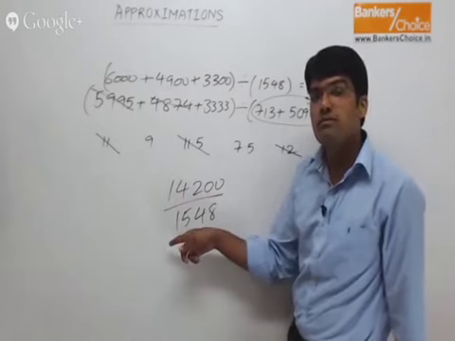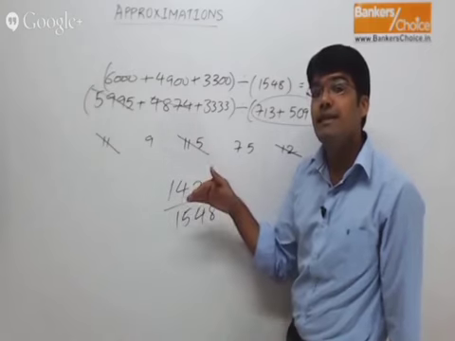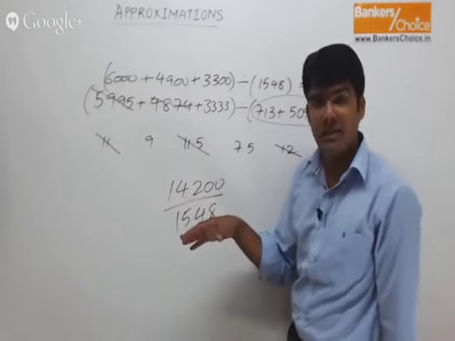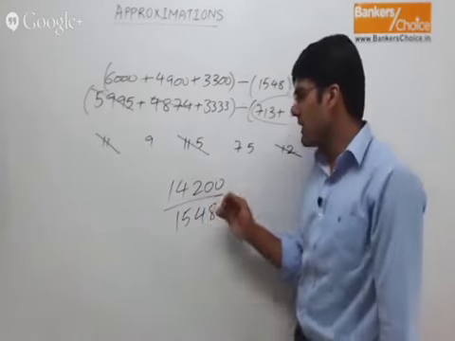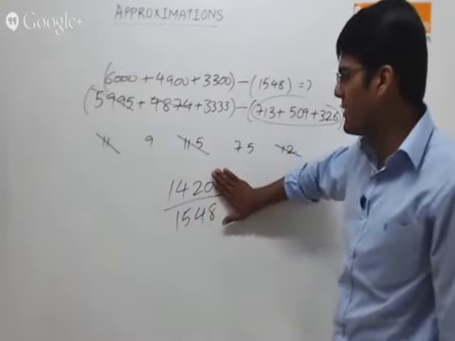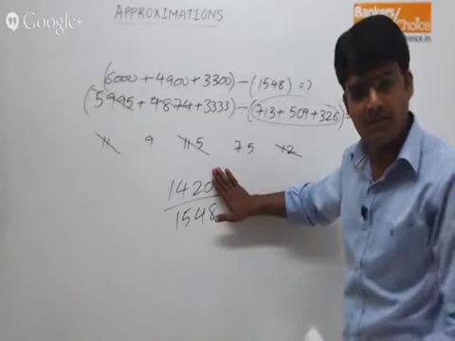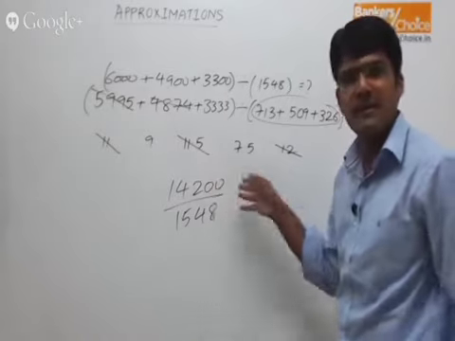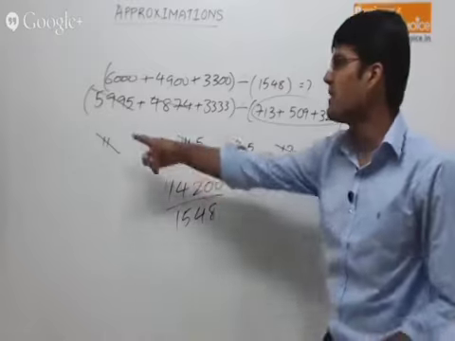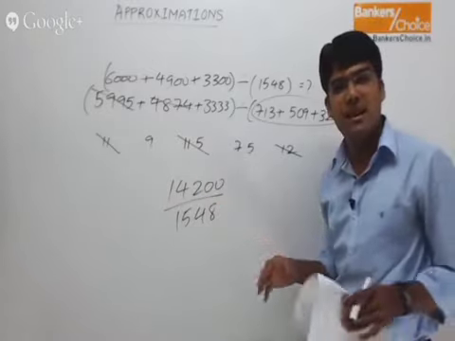Actual denominator is more. When the denominator is more, value will be less. That means answer should be less than 10. Get the point? If you only take the 4 digits, 1420 by 1548, answer should be less than 1. That means less than 10 when you multiply with 10 there, right? Answer should be less than 10. So 11, 11.5 and 12 get cancelled. Are you able to follow?